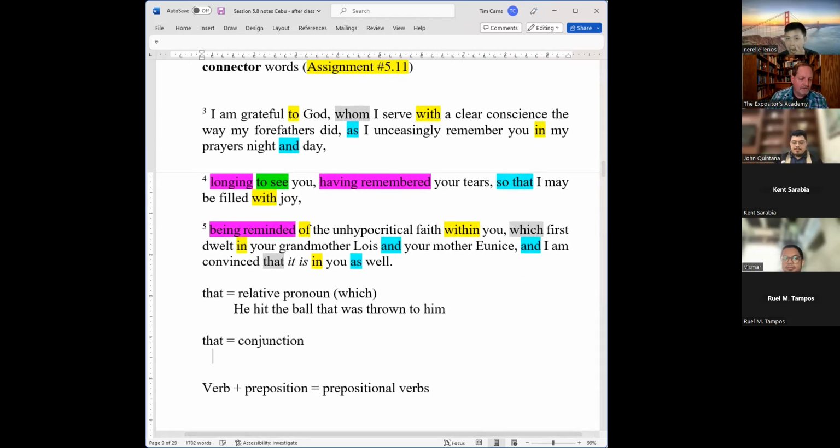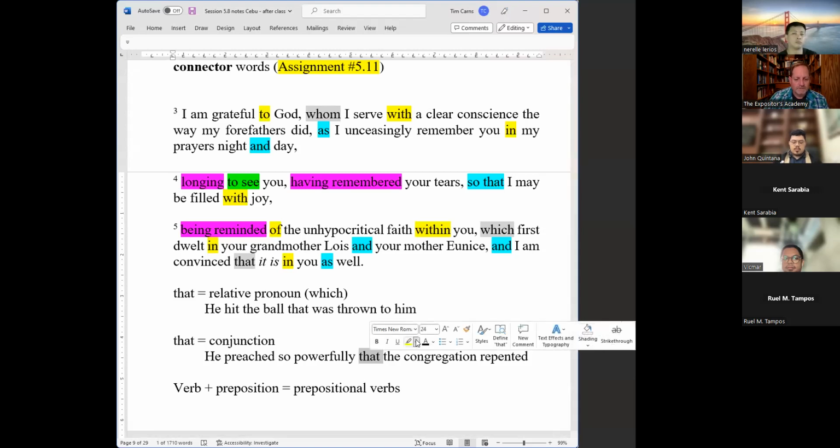Whereas you could also have a conjunction. He preached so powerfully that the congregation repented. Okay, so this now is functioning like a conjunction.